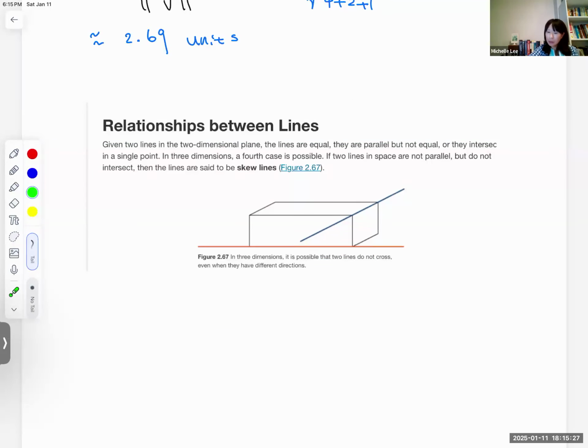Okay, so we have a relationship between lines here. In 2 dimensions, we had parallel or perpendicular or intersecting, right? So in 2D, two lines are parallel, or they have an intersecting point, right?